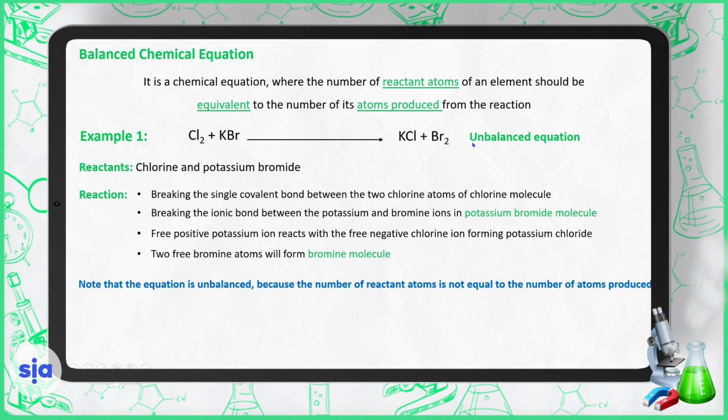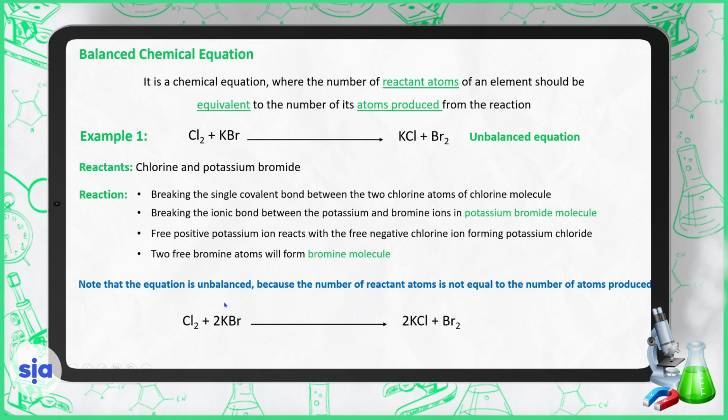Note that the equation is unbalanced. The bromine here is only one atom, and here it's a molecule formed of two atoms. And here a molecule of chlorine with two atoms of chlorine, and here it's a chlorine ion.